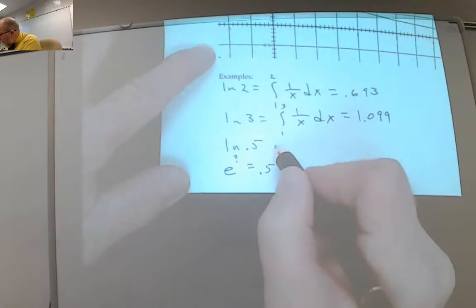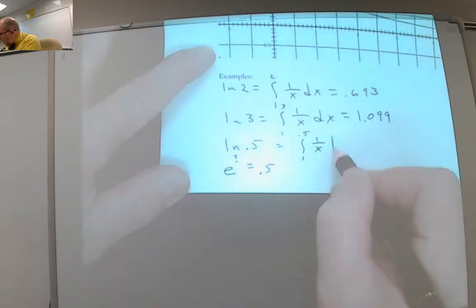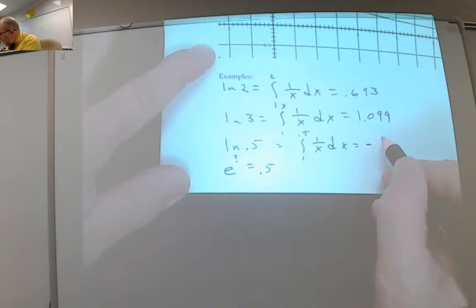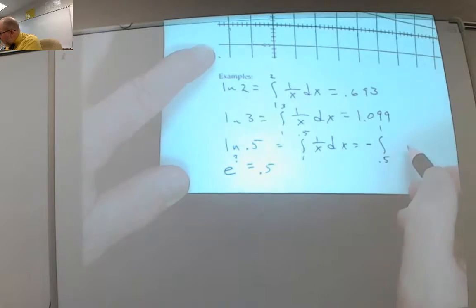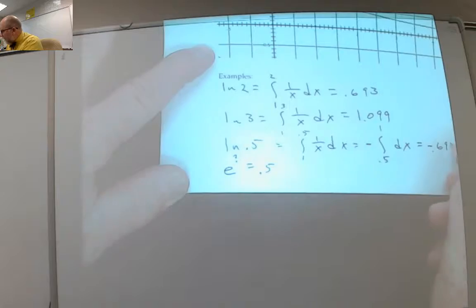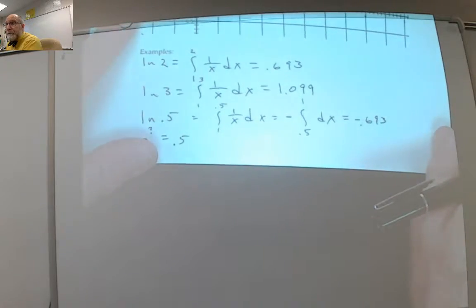If I integrate from 1 to 0.5, 1 over x dx, b cannot be bigger than a, so I have to write that as negative, 0.5 to 1, dx, correct? And if I do that on my calculator, I get a negative 0.693. Okay?